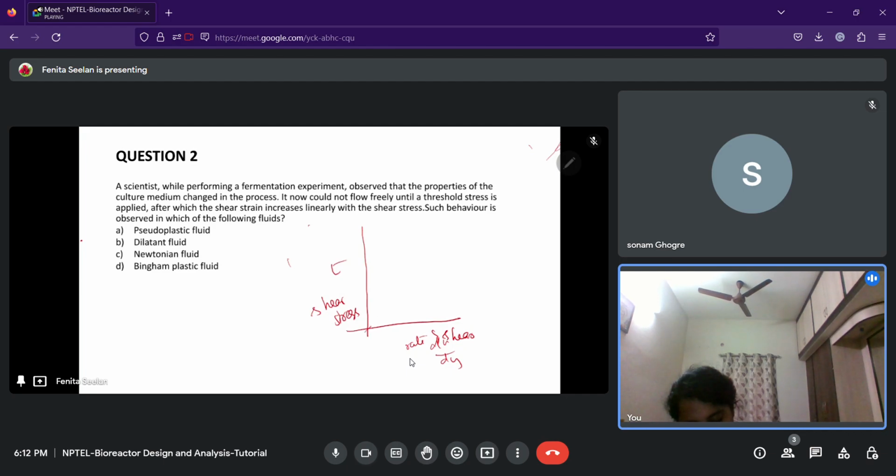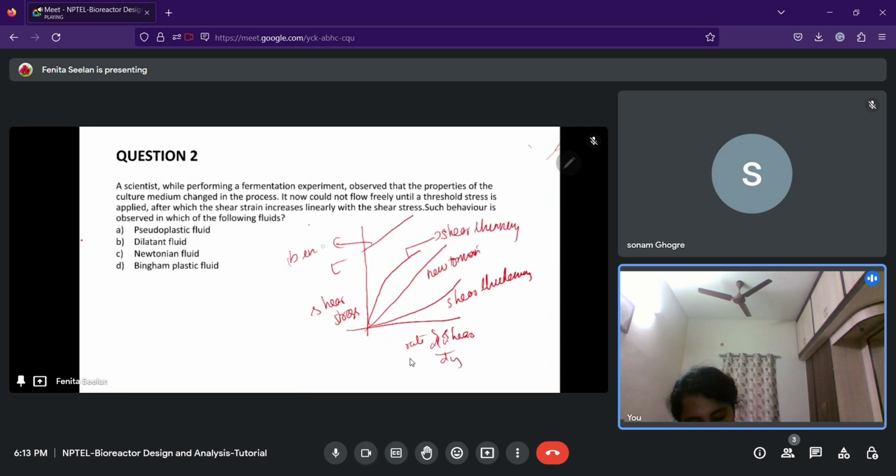So Newtonian is here, your shear thickening, the shear thinning, and these are plastic.